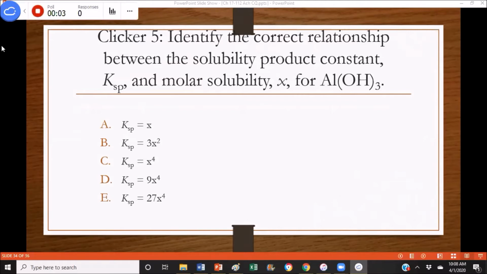Identify the correct relationship between the solubility product constant and the molar solubility X for aluminum trihydroxide. So identify the correct relationship between Ksp and X. There's another reason why I just showed you that, hopefully to just remind you.